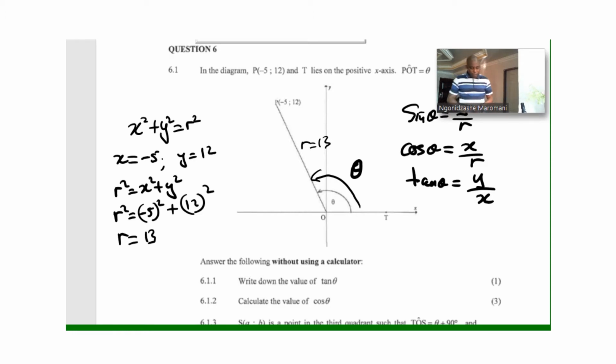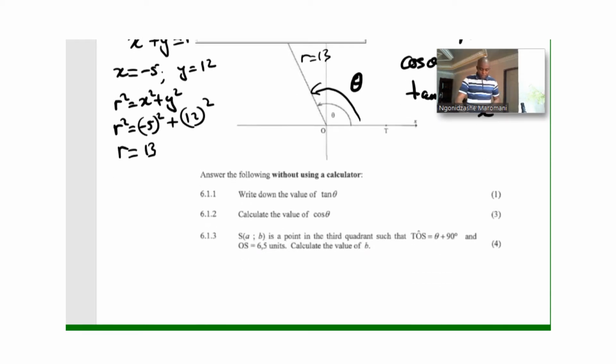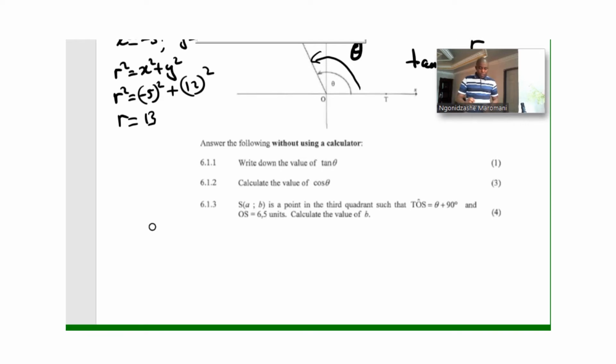Now the first question, 6.1.1, is saying calculate the value of tan theta. So tan theta will be equal to, with the formula that I have given you, y over x.